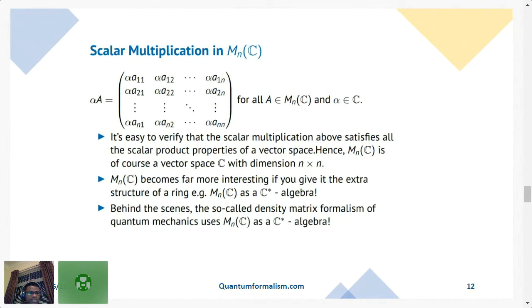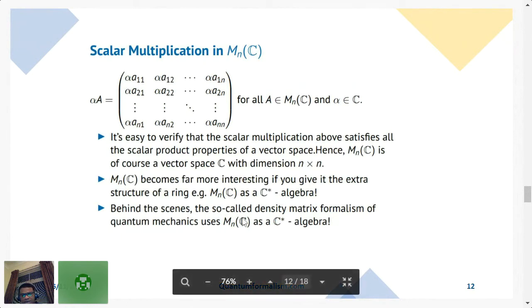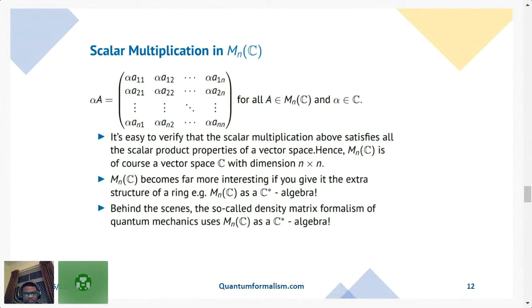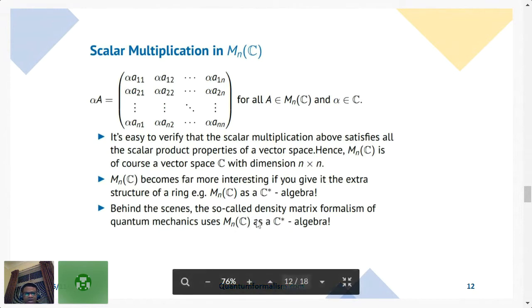There's also something called a mixed state that we will touch on when we discuss the axioms of quantum mechanics. Essentially, behind the scenes, the mathematical toolkit behind it is really C-star algebra. So we might touch on this once we go through the standard Hilbert space formalism that the textbooks talk about, as an optional session for those who want to attend. Okay.